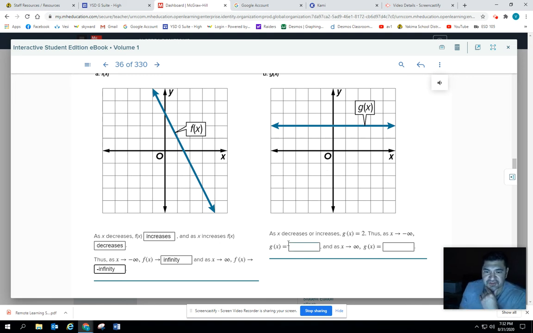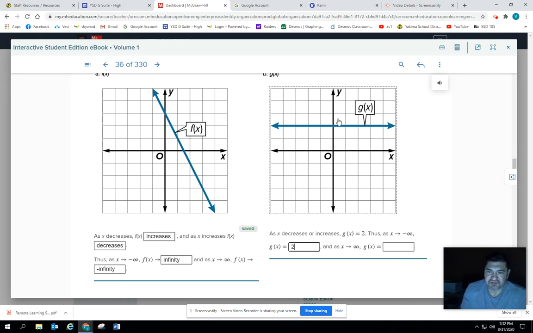All right, let's take a look at g of x. What's going on over here? As x decreases, so as x is going to the left, or increases, going to the right, g of x is always 2, or g of x equals 2. Thus, as x approaches negative infinity, no matter what, our value is going to be 2. Let's just type in 2.